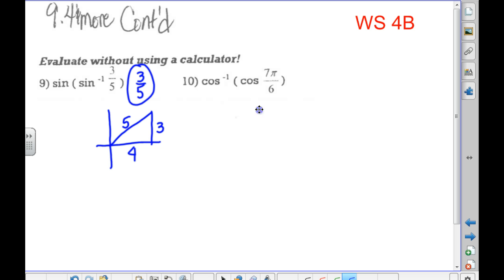Okay. This one says, find the cosine at 7 pi over 6 on your unit circle. Can you tell me what the cosine is at 7 pi over 6? Square root of 3 over 2? Negative square root of 3 over 2. Okay, I made that. There we go. Now, on your colored unit circle, where can we look for a negative cosine?